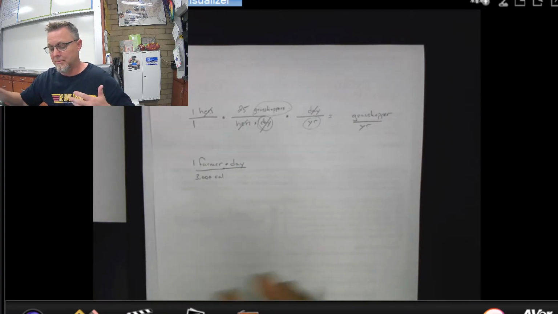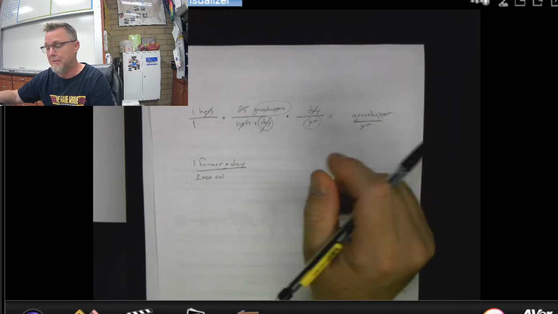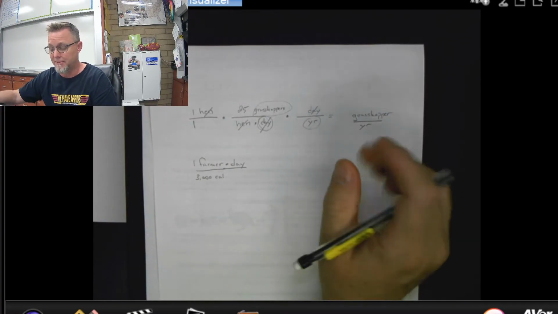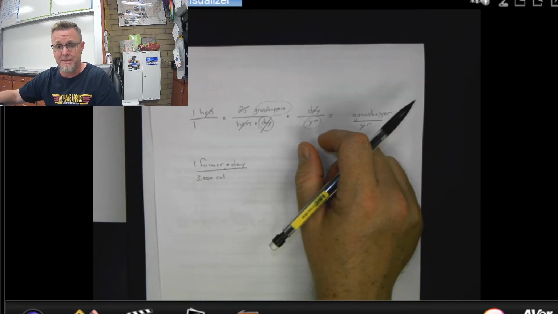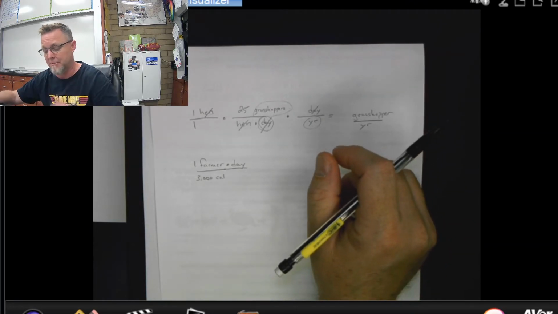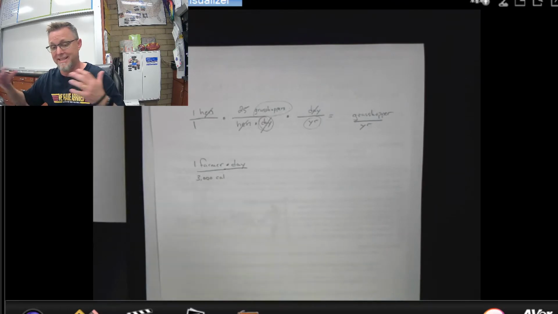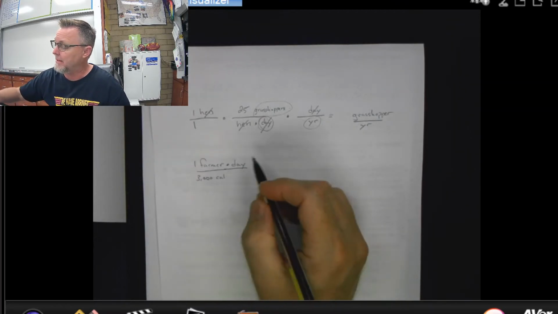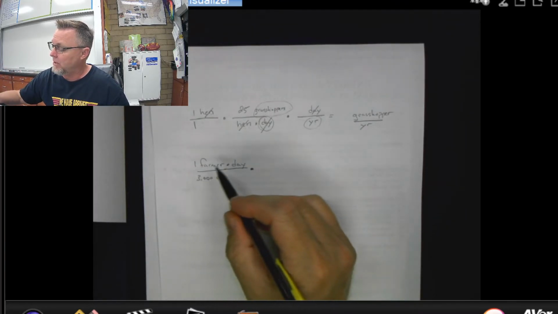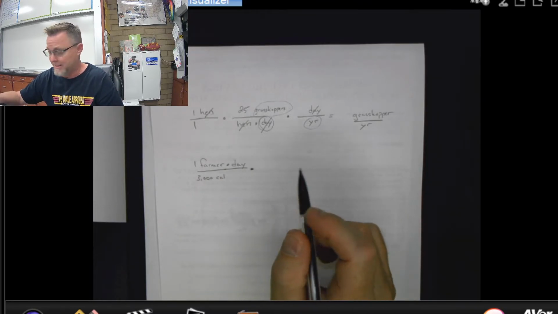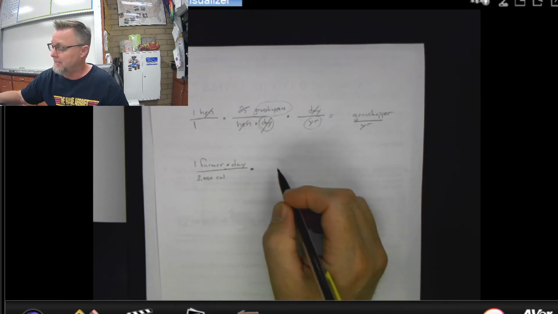So ultimately, I have to figure out how much they're going to need for the whole year, because then I can use what I figured out from number 4 to connect to my soybean crop. So if one farmer needs 3,000 calories per day, how many calories do they need for the year?